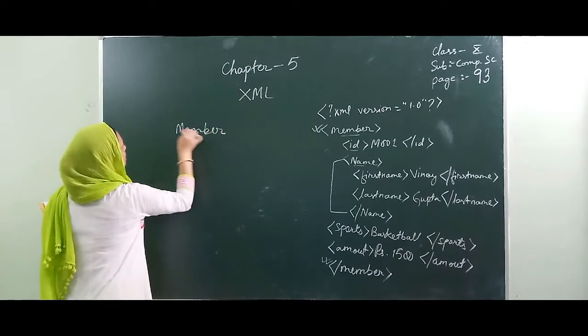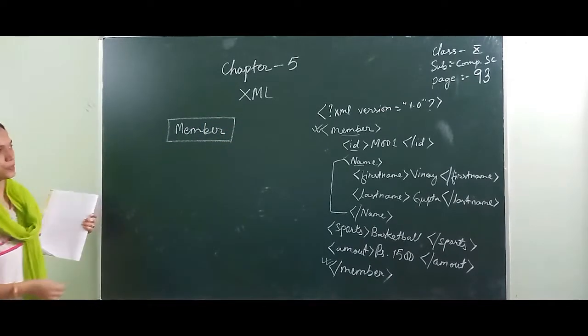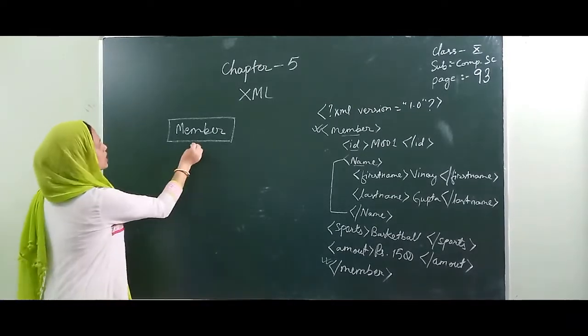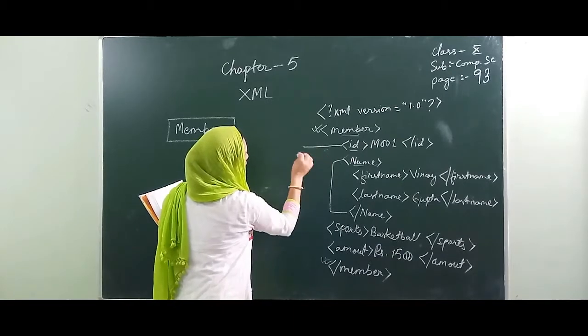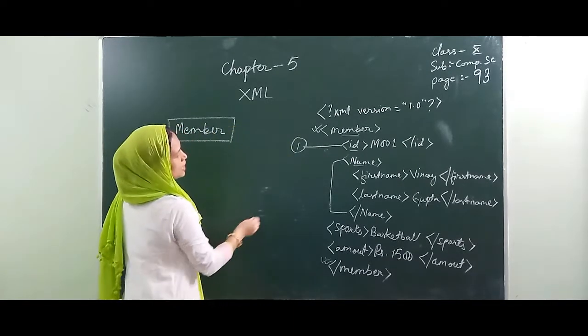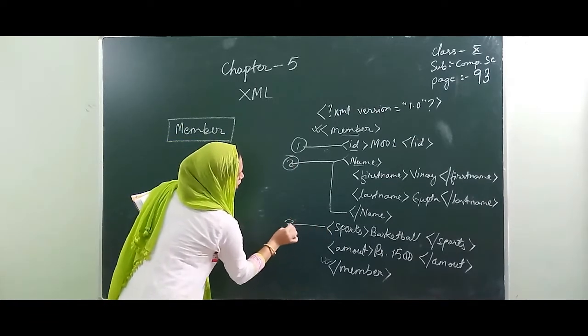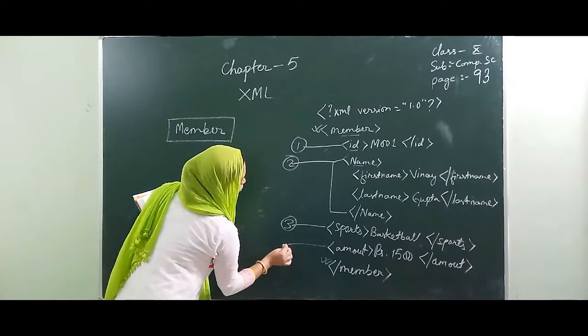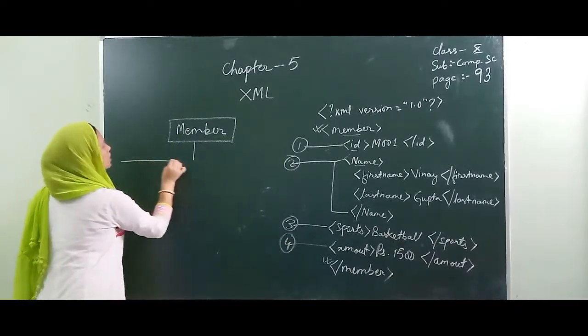As member is the root element, member will come first as the root. We call it the parent also. Just after that, you look at the child elements. We have one child element here, then a second child element here, then a third child element here, and the fourth child element. Alright, so you create a fourth child element here.